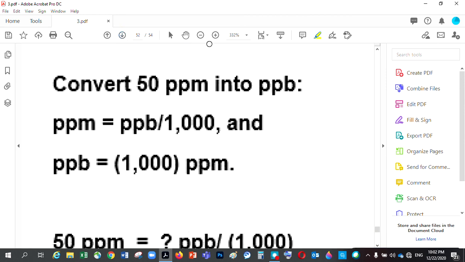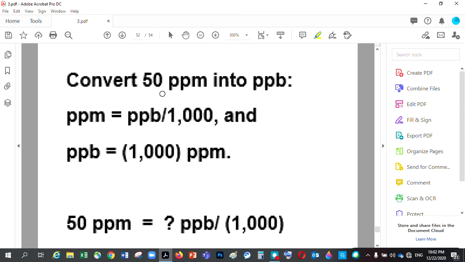So here it is, convert 50 parts per million into parts per billion. Well, it turns out 1 part per million is 1000 parts per billion, correct?